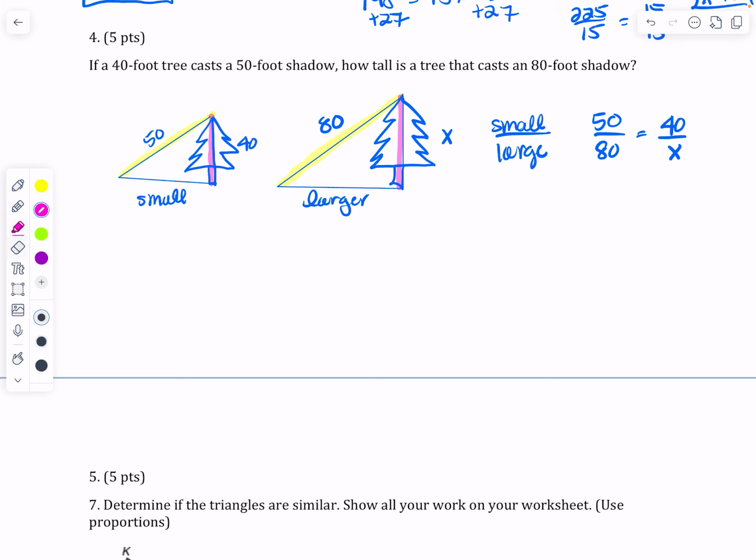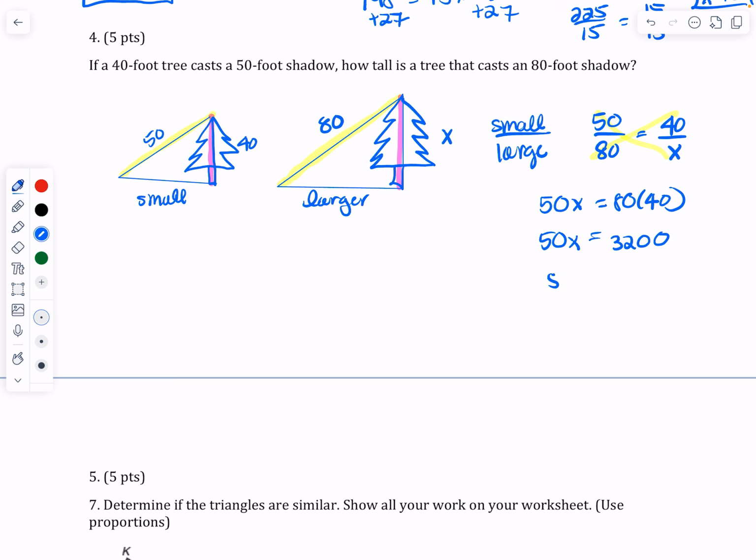So now I'm going to cross multiply. So I get 50 times x equals 80 times 40. So 50x equals, now take 80 times 40. And when you do that, I get 3,200.